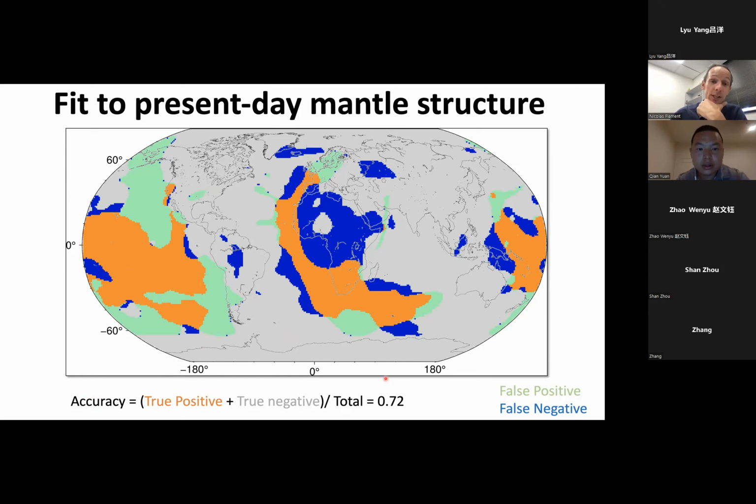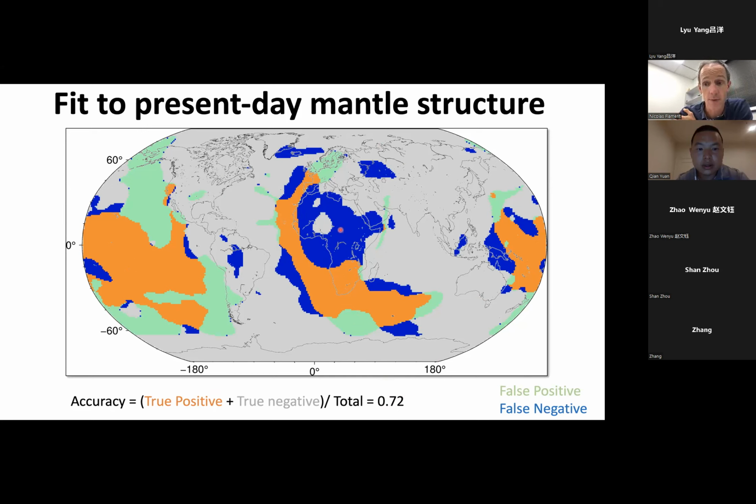However, it will not escape you that the area of gray is much larger than the area of orange. Okay, so part of the success of the model here is to put the slabs in the correct place. Another metric would also consider the false positive, which is here, and the true negative, and the false negative, which is here. The false positive is where the model predicts a blob, but the tomographic model does not.